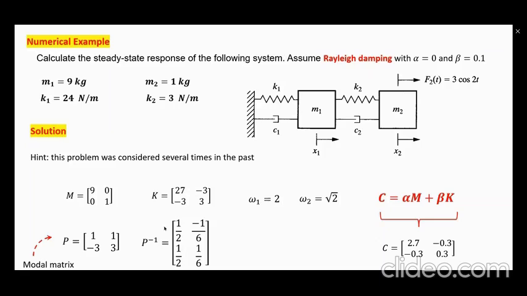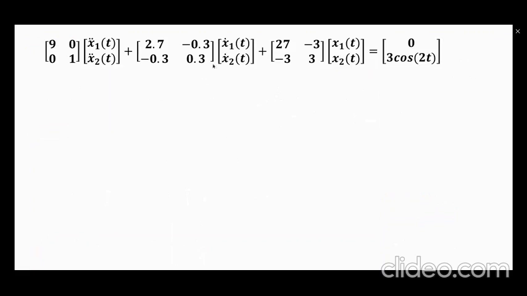We need the inverse because, well, if we have initial conditions, we need the inverse here. Let's move on. So mass matrix. This is before we diagonalize. You can see that before we diagonalize, these are coupled. Mass matrix, damping matrix, stiffness matrix, and the right-hand side.